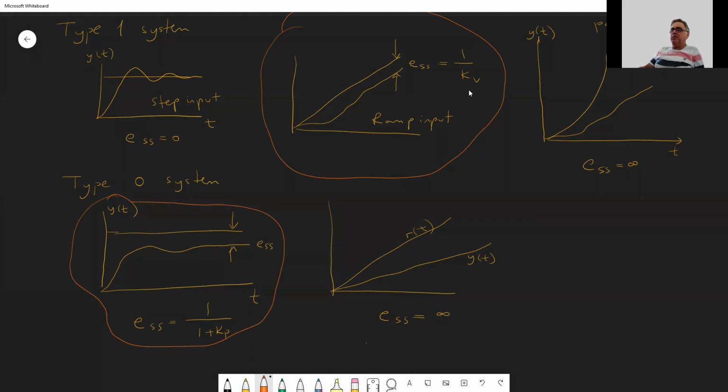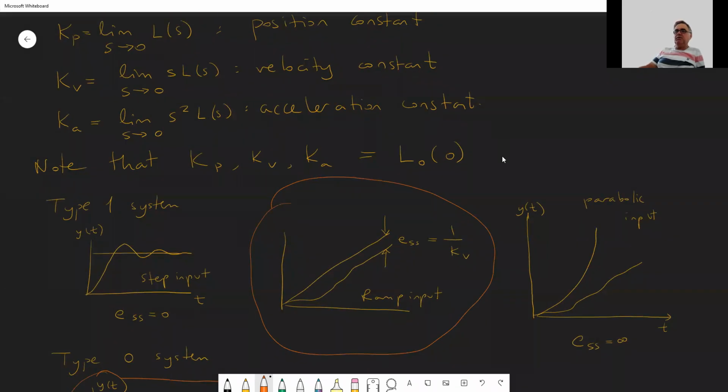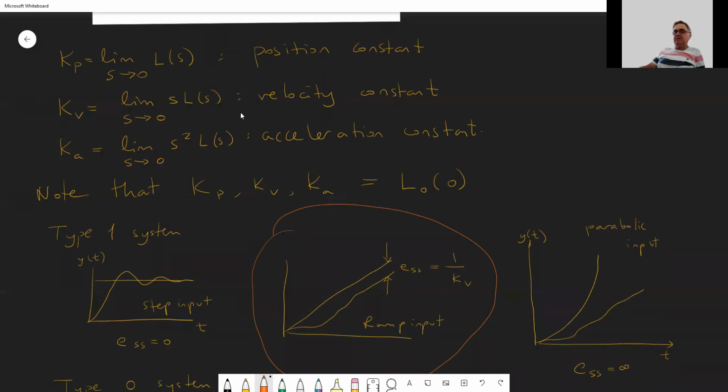So type 1 systems, for example, have steady state error to ramp inputs, and that steady state error is defined as the inverse of the velocity constant. I know that at first sight it's conceptually a little bit heavy, but you get used to it, as I said.